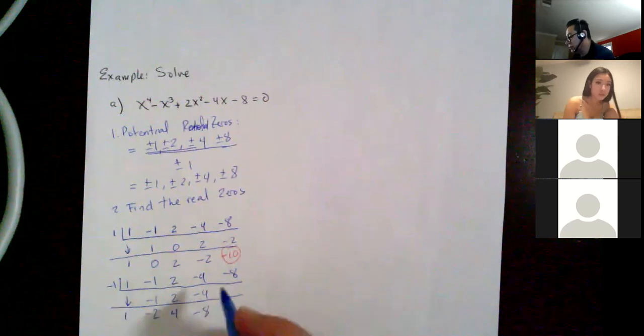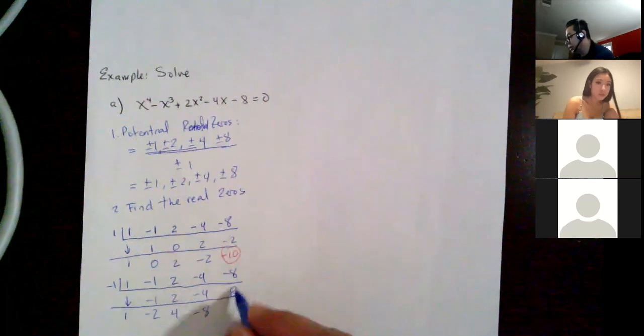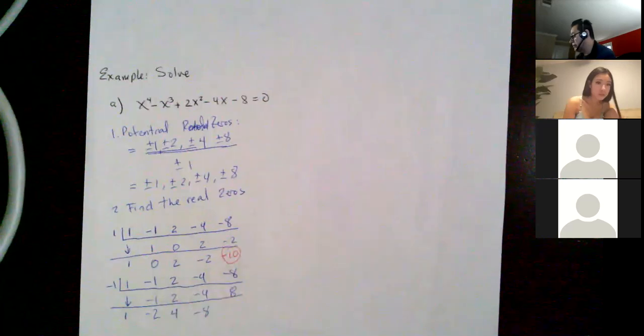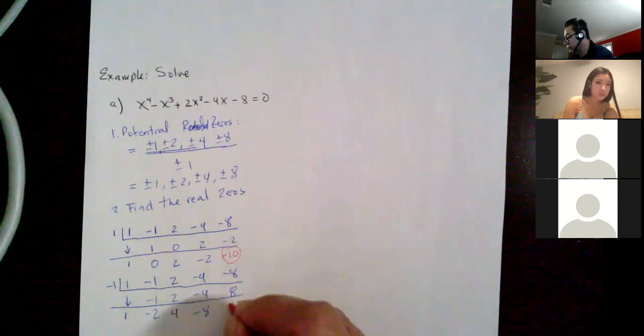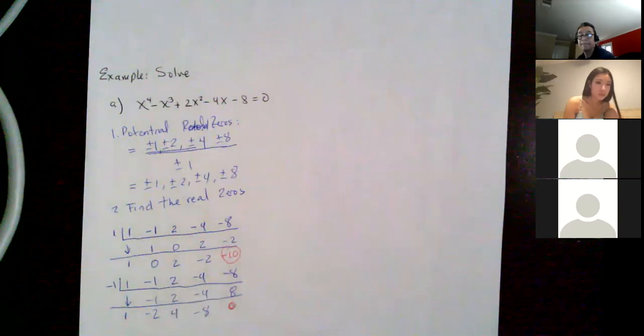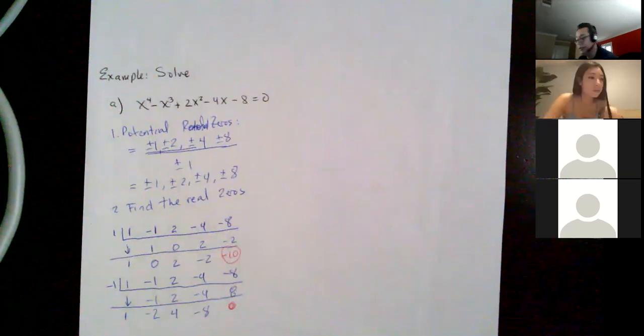Negative 1 times negative 8 is positive 8. Negative 8 plus 8 is 0. All right, that means that negative 1 is a real zero, you guys. Is that clear?